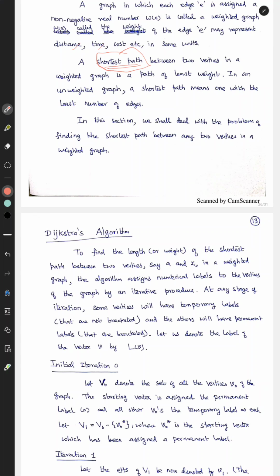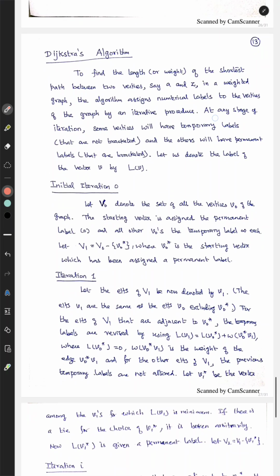So in a weighted graph, the shortest path is the path between those vertices which has the least weight, meaning the sum of edge weights of the edges used in the path.